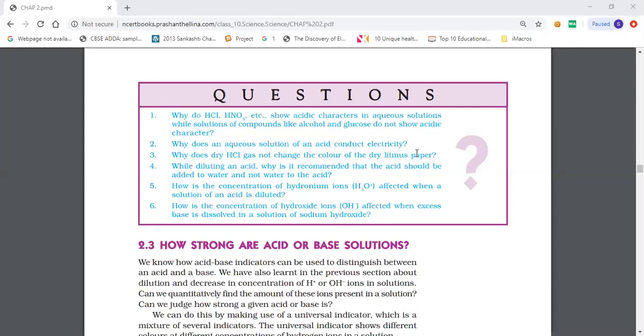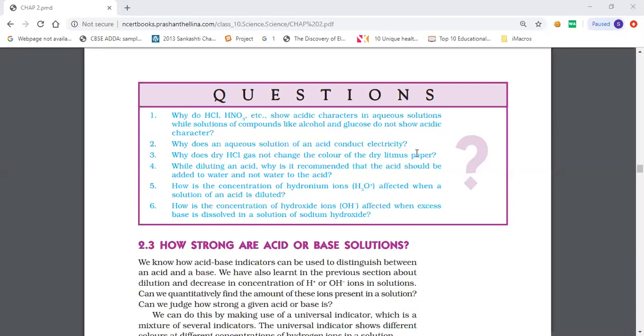It's not only H plus ion, any free ion is required for conduction of current, and we know that acid when dissolved in water already has free ions. Okay.